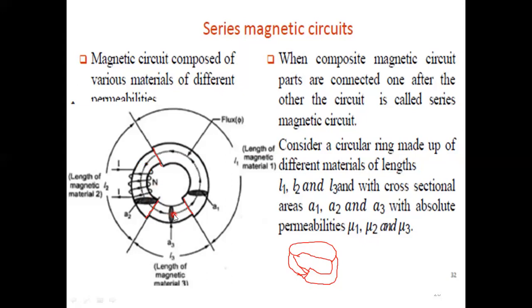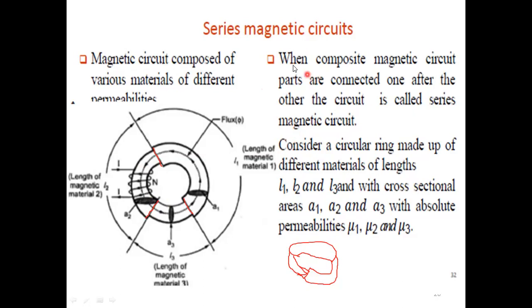So first material, second material, third material, three materials are there. All three materials are connected one to another to make the closed path, the magnetic circuit.